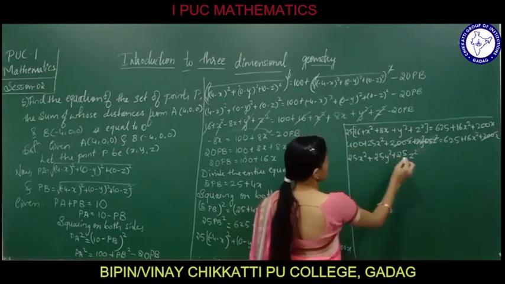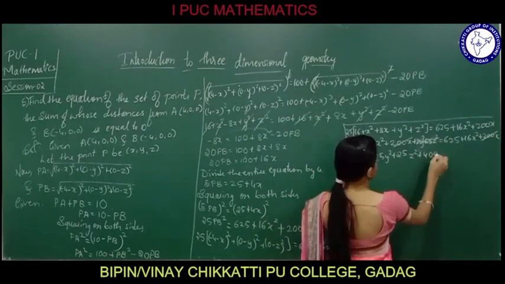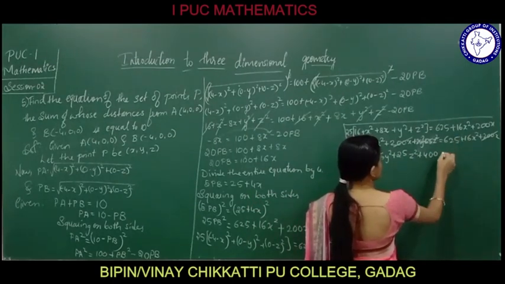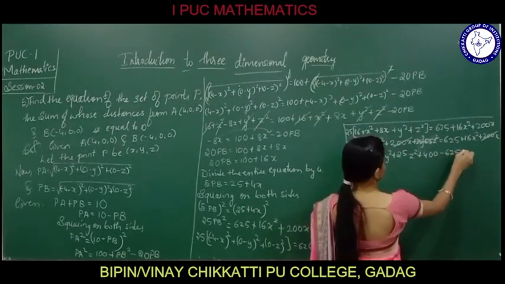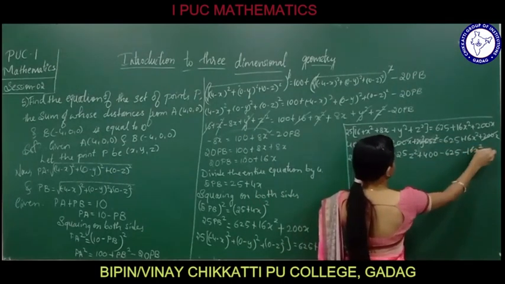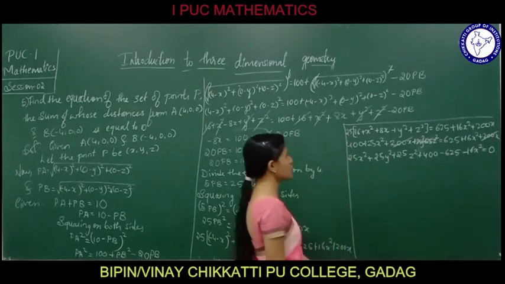I am left with plus 400. Shift all these terms to this side. That is minus 625 minus 16x square is equals to 0.